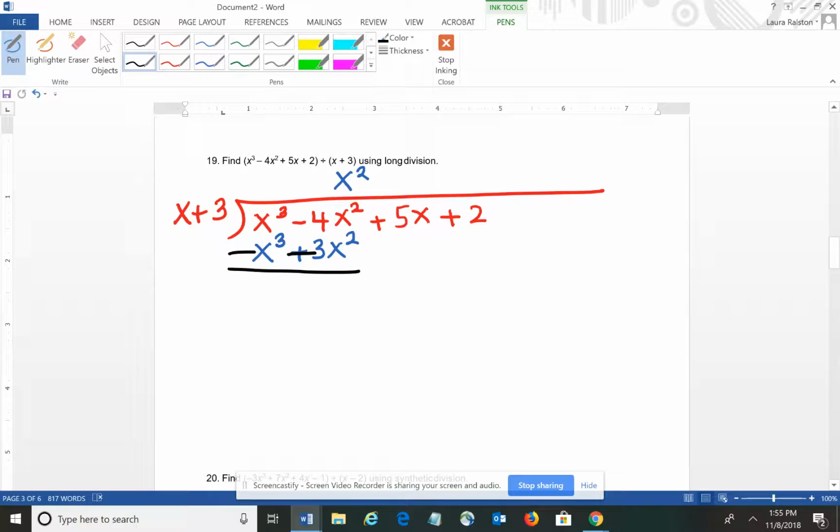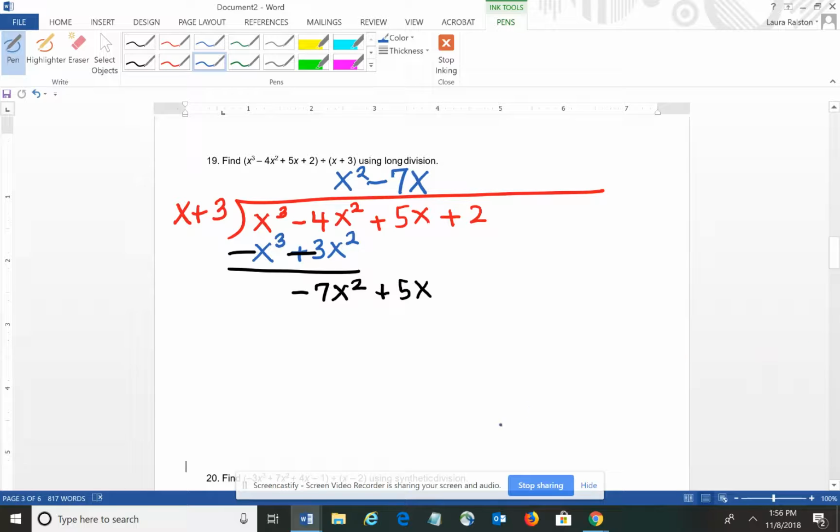Minus 4x squared minus 3x squared is minus 7x squared. X cubed minus x cubed goes away, and we bring down the next term. Then we begin the process again. How many times will x divide into negative 7x squared? We need a negative 7 and an extra x.